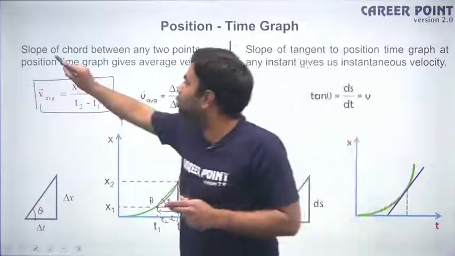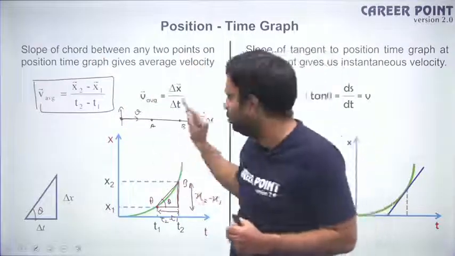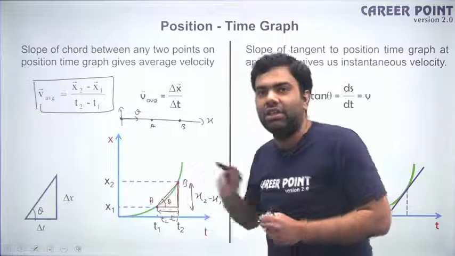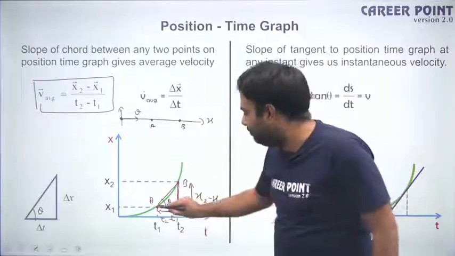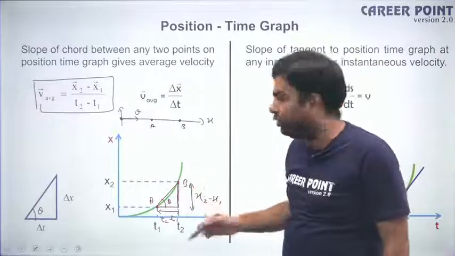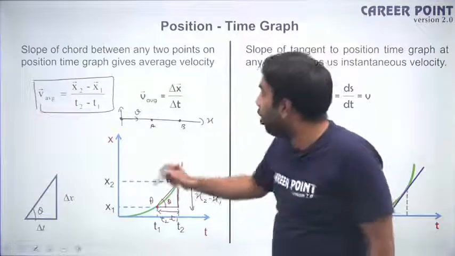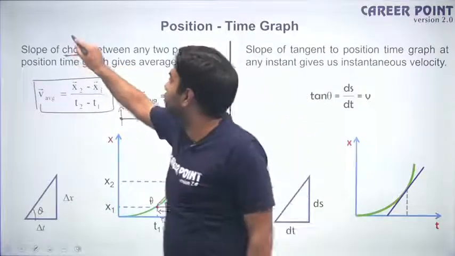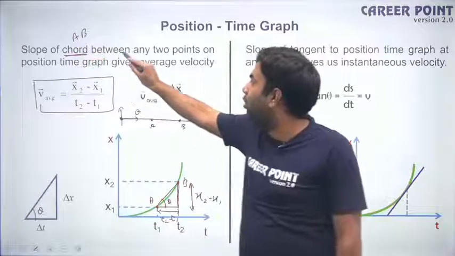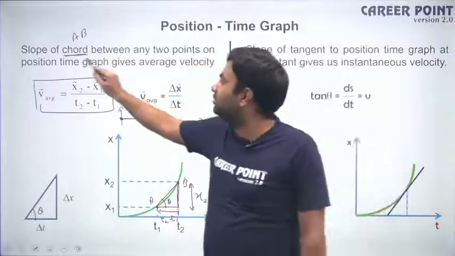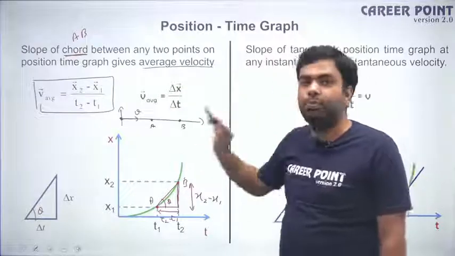See, slope of chord. What is a chord? A chord is a line passing through 2 points of any given curve. That means if we want average velocity between points A and B, we will draw this line AB, and this AB is the chord. The slope of the chord between any 2 points on the position time graph gives the average velocity between these 2 points.